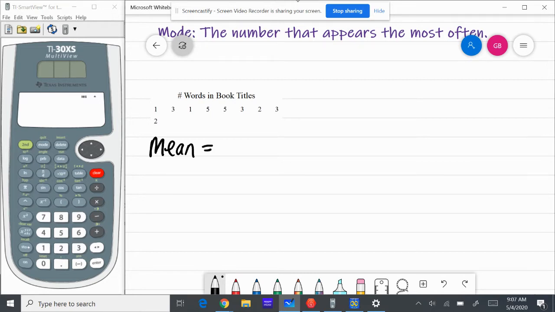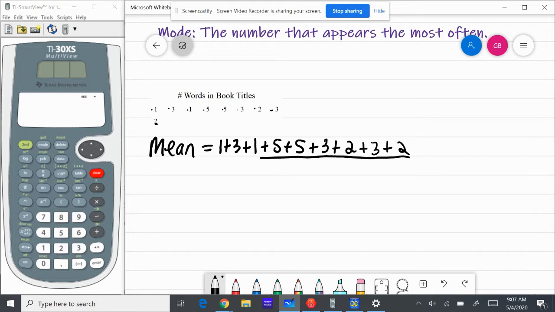So 1 plus 3 plus 1 plus 5 plus 5 plus 3 plus 2 plus 3 plus 2 divided by 9 because there's 9 numbers. So it's going to be helpful to have a calculator ready just to keep track of everything you're adding. These numbers are not too tough, but you are going to get some data that's going to have bigger numbers.